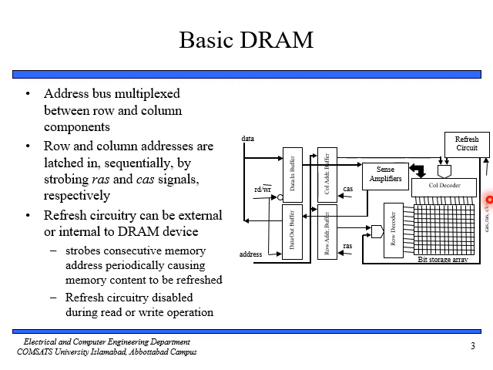So we need to refresh this and we also need to refresh this, these two components, column decoder and row decoder, and ultimately we are going to refresh this whole block. It strobes consecutive memory addresses periodically, causing memory content to be refreshed. So we periodically strobe consecutive memory locations in order for memory contents to be refreshed, otherwise it will lose the data.